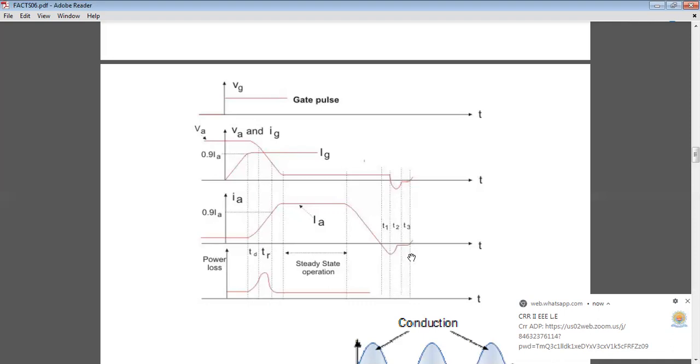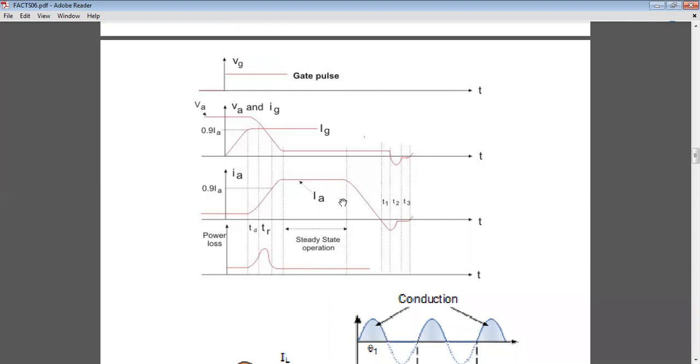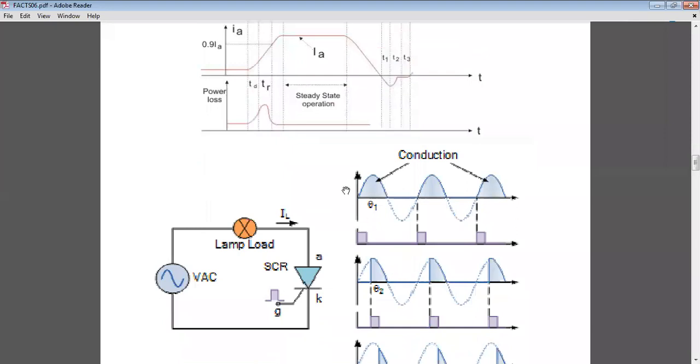Similarly, when it goes from on to off, it has to regain its blocking capacity. When it is completely on, switching off happens naturally when the current goes below the holding current, and then it becomes off state and will block again.